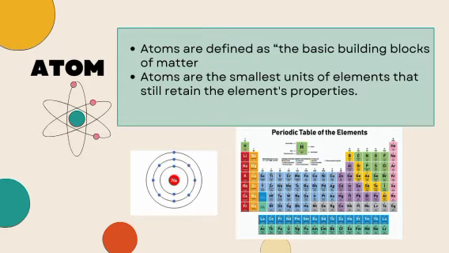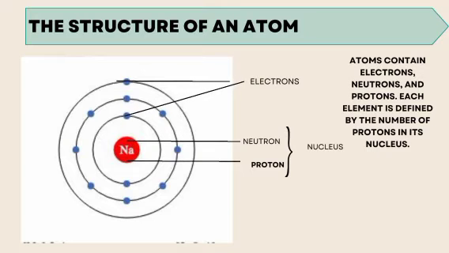So we can see the diagram of an atom. Let's look at the structure of an atom. Atoms contain electrons, neutrons, and protons. Each element is defined by the number of protons in its nucleus. As you can see in the diagram here, this is the structure of sodium, and the symbol is Na.